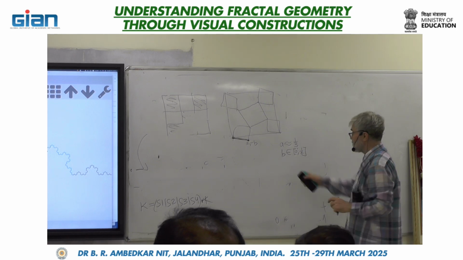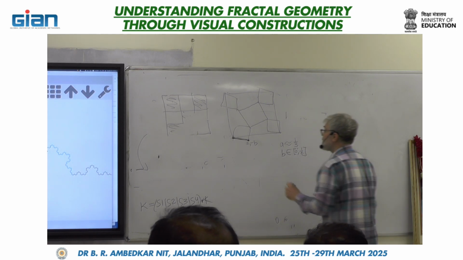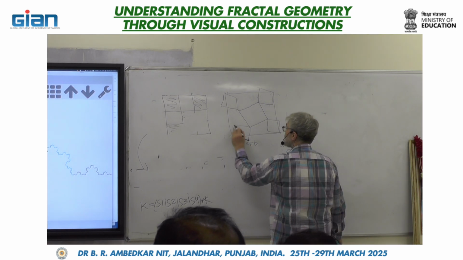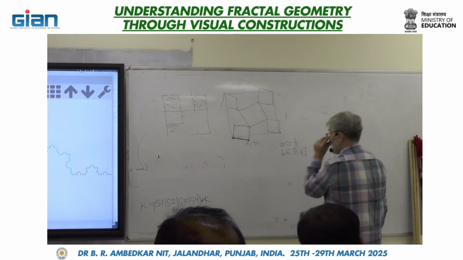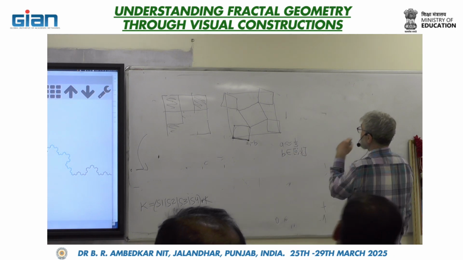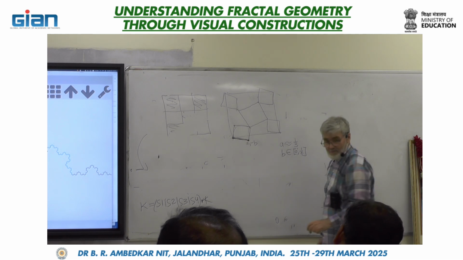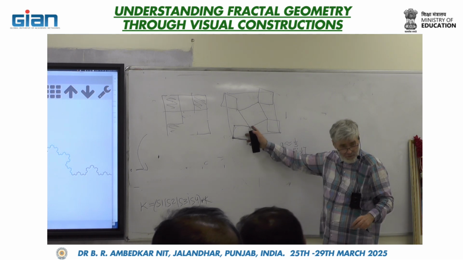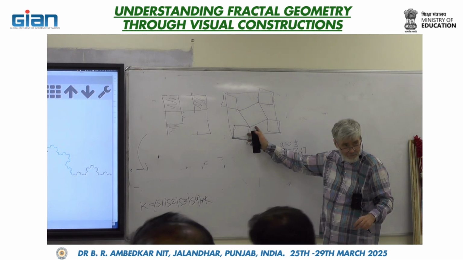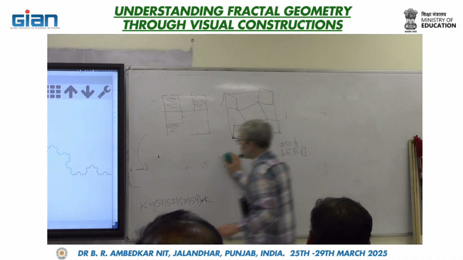Yes? Okay. And then let us consider the map which sends the whole square to this distorted square. It is not a problem.